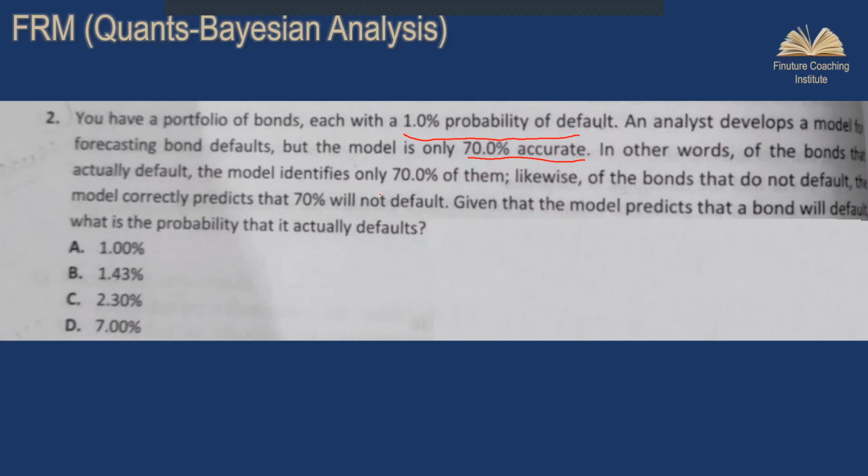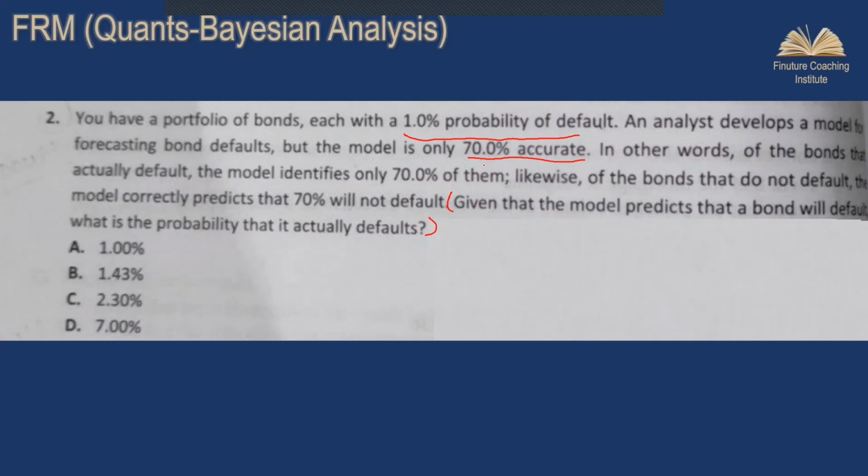We'll see what exactly that means. And we have been asked to calculate, given that the model predicts that the bond will default, what is the probability that it actually defaults? If this accuracy had been 100%, then the probability that we have been asked would have been 100%.